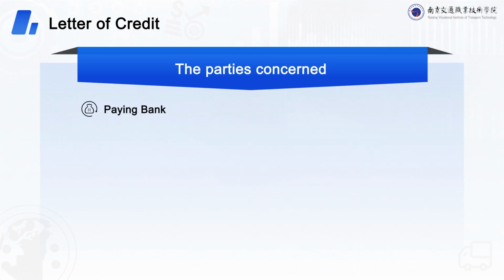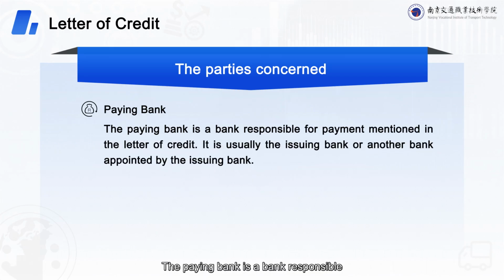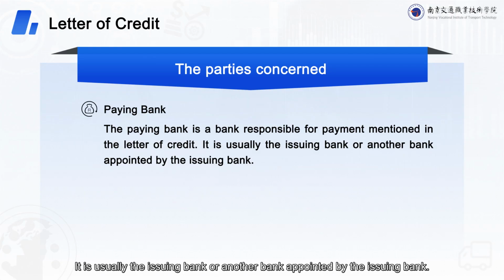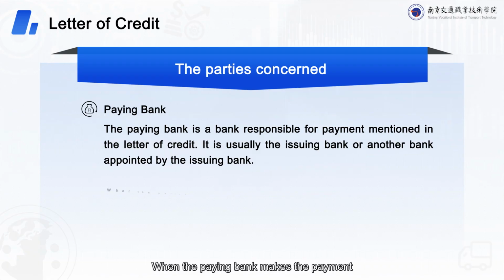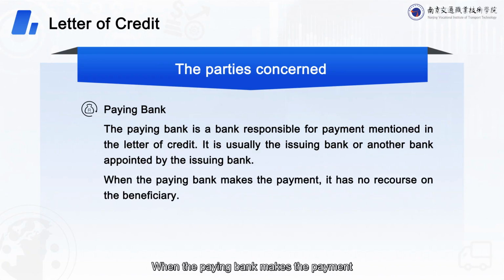Paying bank. The paying bank is a bank responsible for payment mentioned in the letter of credit. It is usually the issuing bank or another bank appointed by the issuing bank. When the paying bank makes the payment, it has no recourse on the beneficiary.